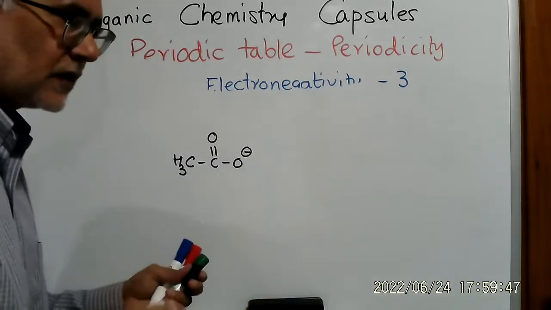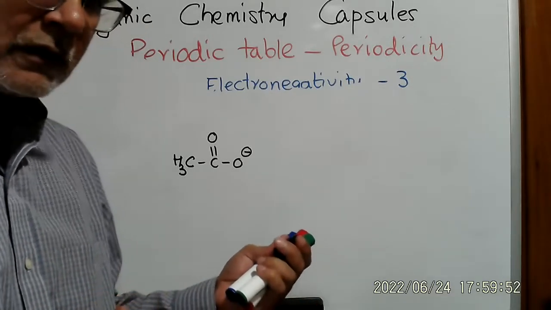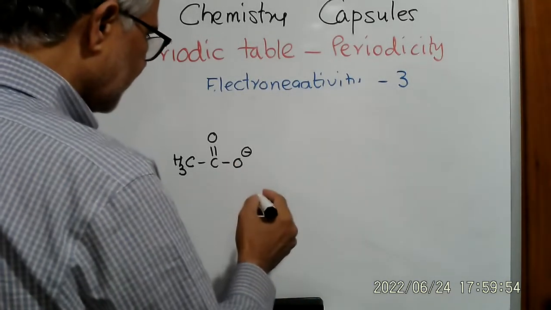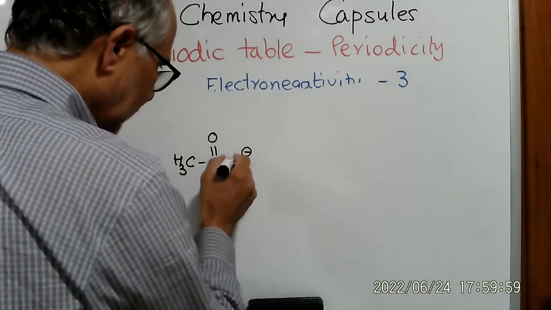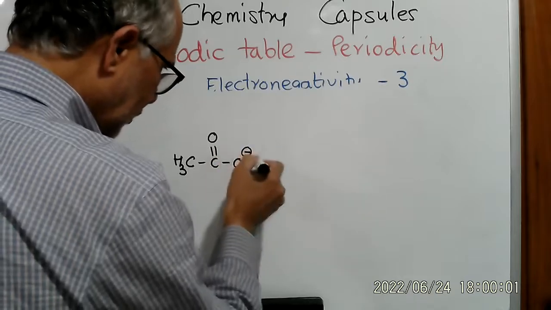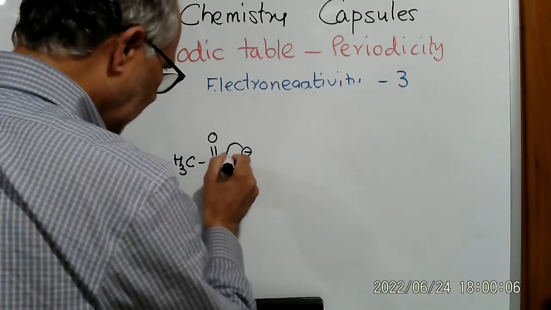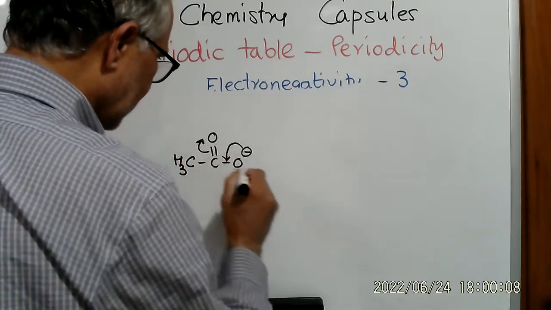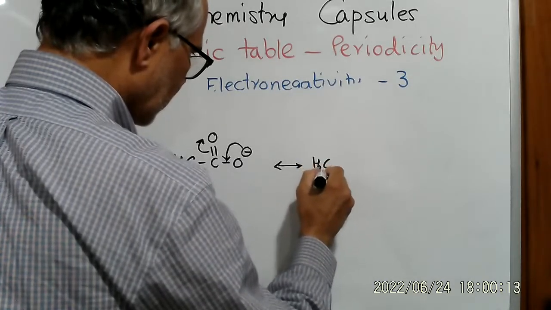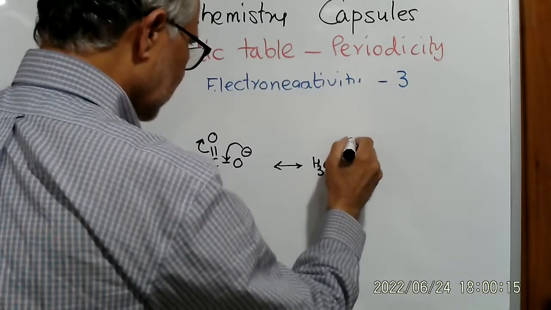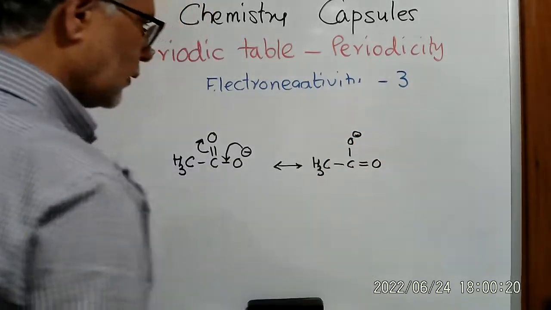But what's resonance? Resonance is again delocalization of electrons. So I'll compare now. Why did I bring that here? So you see this negative charge here on this oxygen can be delocalized like this. So resonance is shown by 2 arrows. And then you have the newly negative charge there for this one.